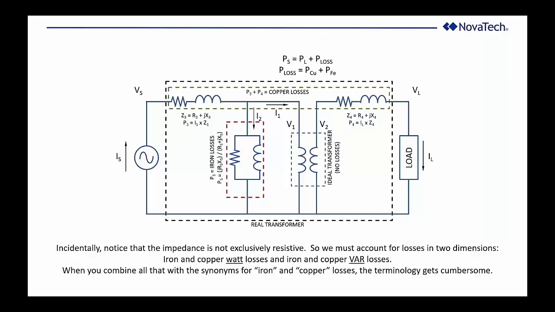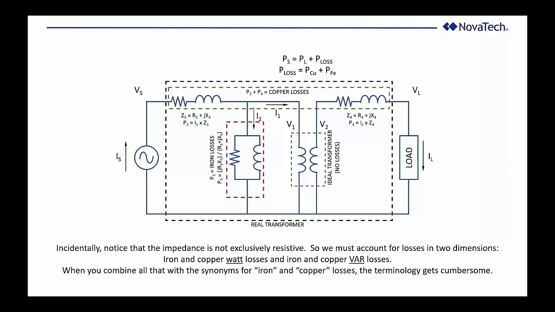Your losses due to reactive power are going to be changing at a different and independent rate from the watt losses. So we're basically dealing in two dimensions. We have to deal with iron and copper watt losses and iron and copper var losses. So four parameters that we're interested in.